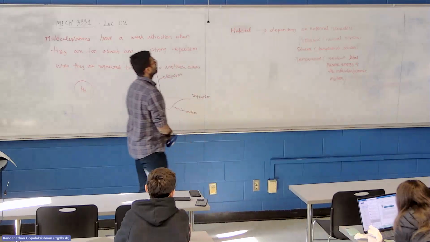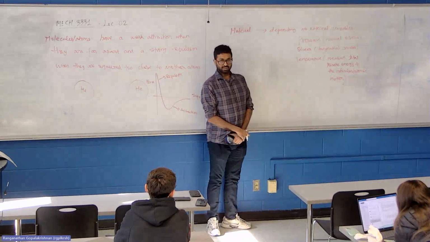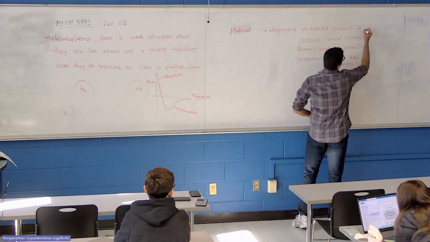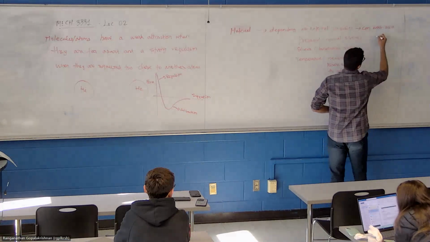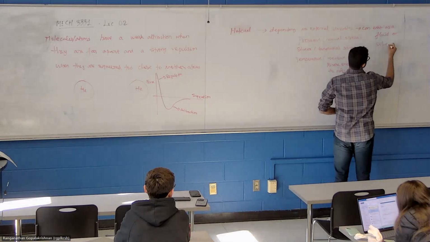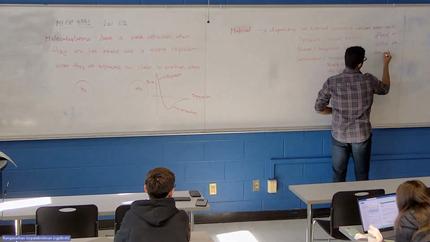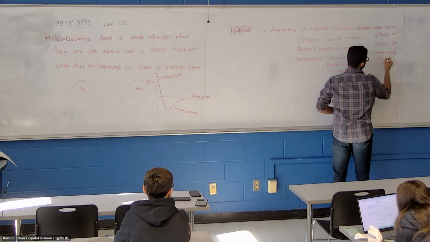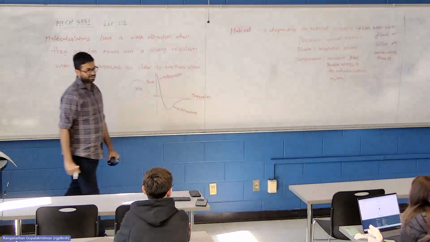Thank you. So a material, depending on external variables that are pressure, shear, and temperature, can exist as a fluid or solid or combinations thereof. I'll let you write this and then I'll ask you for example.